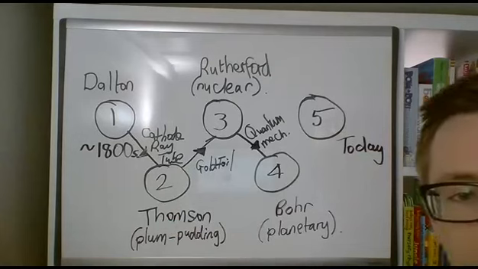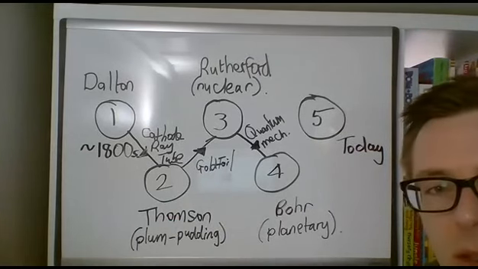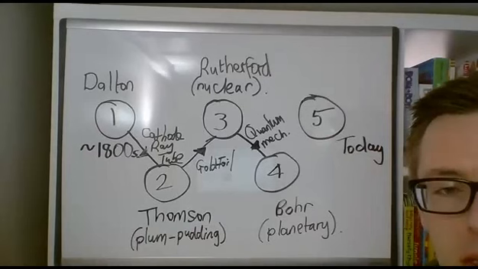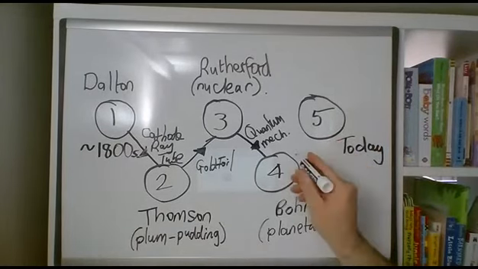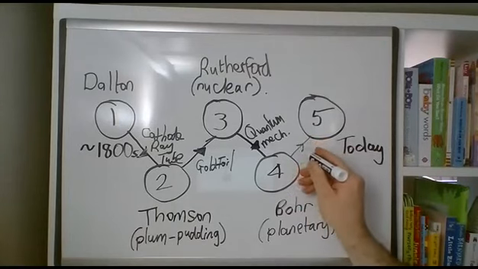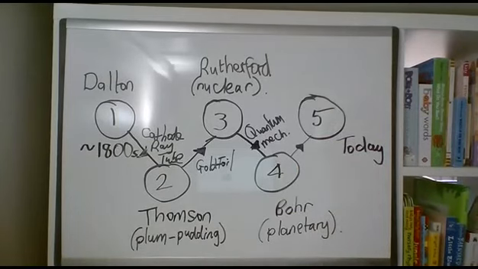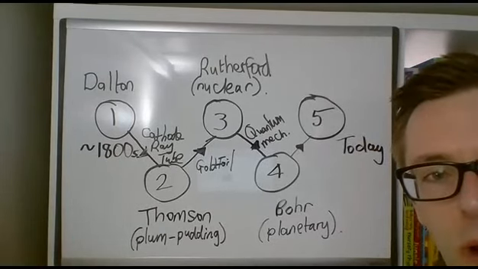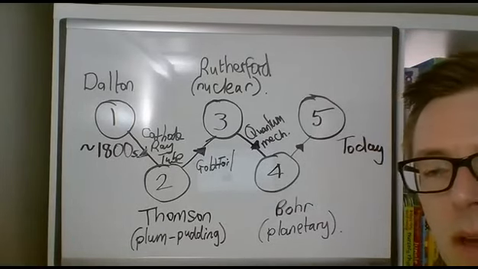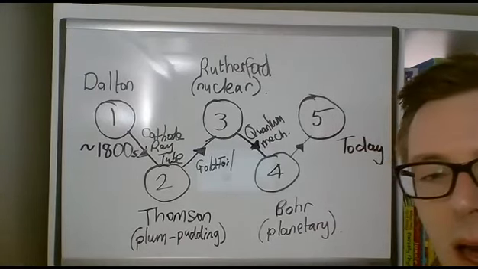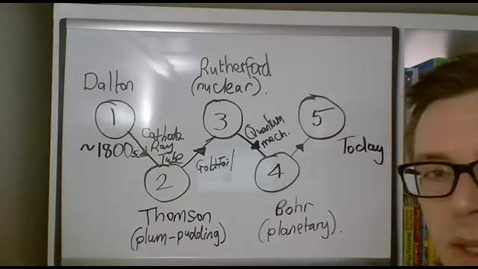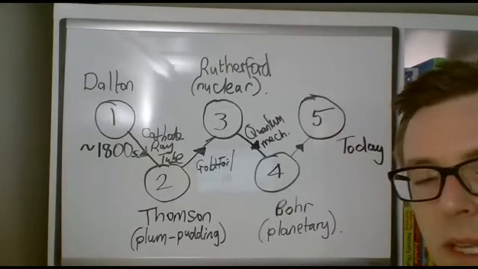So models 1, 2, and 3 predate quantum mechanics, so they are therefore classical Newtonian mechanics. And then the fifth model, which is not really accredited to one person, it's accredited to a movement of many people: Heisenberg, Schrödinger, Planck, Einstein, Dirac, they all contributed to this model.